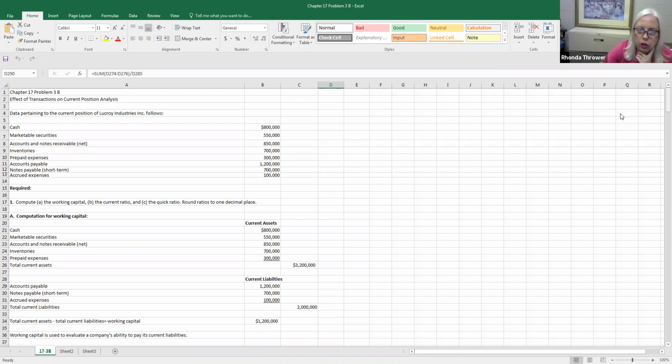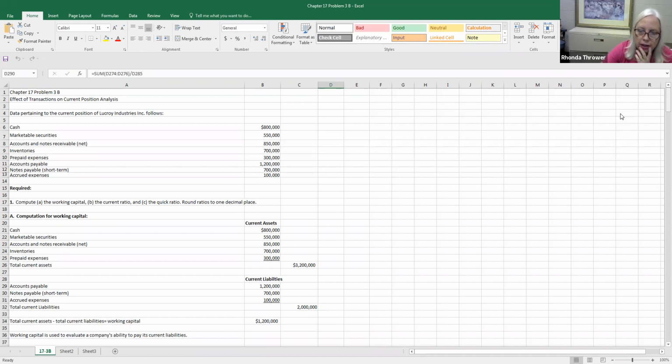So again, you can see here that I've got a formula for that. And what I did is transaction B's effect on current assets. Your current assets went down here. So the sum of D79, D80, and D81 added together would give you the total of your quick assets.